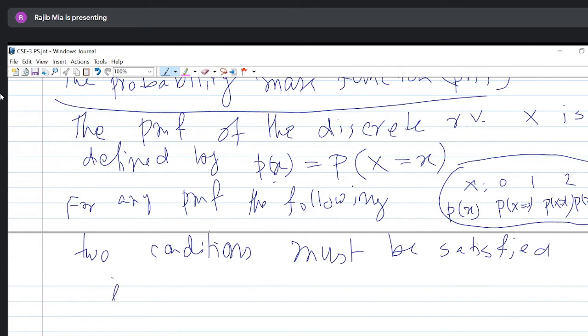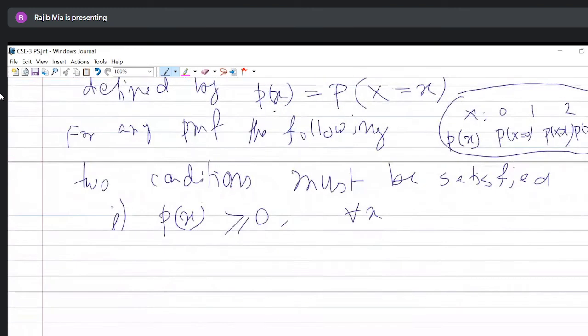The first condition is p(x) should be greater than or equal to 0 for all x. And two, the sum of p(x) over x is equal to 1. That is, total probability equals 1.